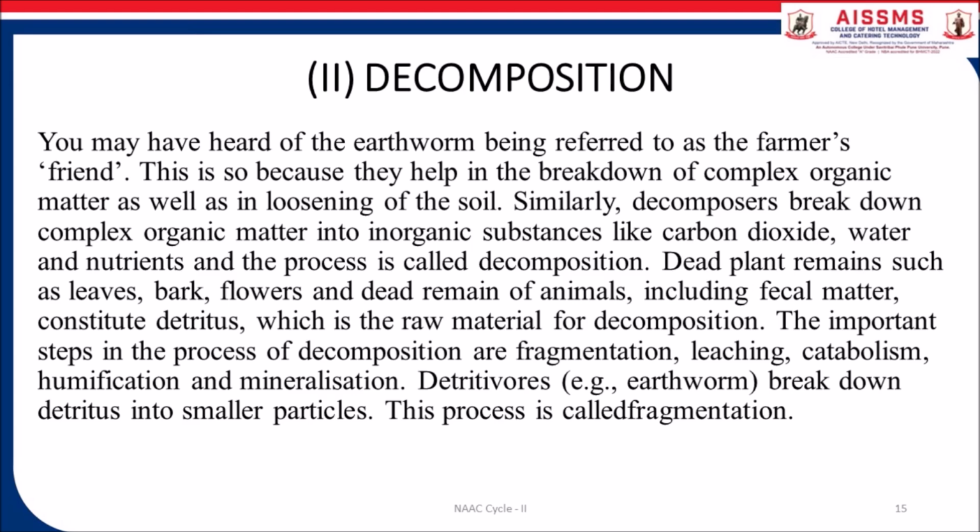Similarly, decomposers break down complex organic matter into inorganic substances like carbon dioxide, water, and nutrients, and the process is called decomposition. Dead plant remains such as leaves, bark, flowers, and dead remains of animals, including fecal matter, constitute the raw material of decomposition.